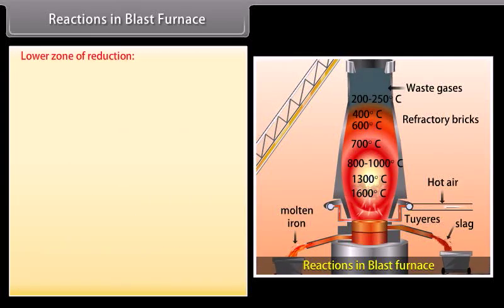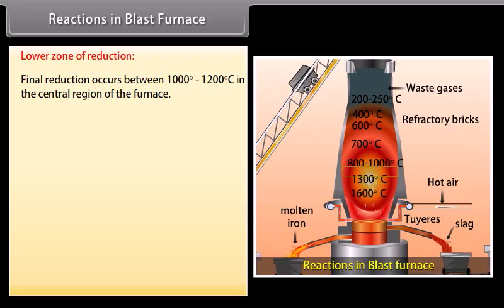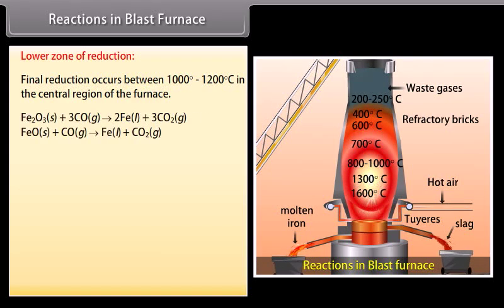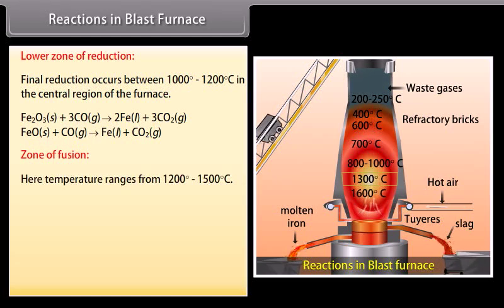Lower zone of reduction. Final reduction occurs between 1000 and 1200 degrees Celsius in the central region of the furnace. Carbon obtained by dissociation of carbon monoxide combines with iron and impurities also get dissolved in molten iron. Zone of fusion. Here, temperature ranges from 1200 to 1500 degrees Celsius.